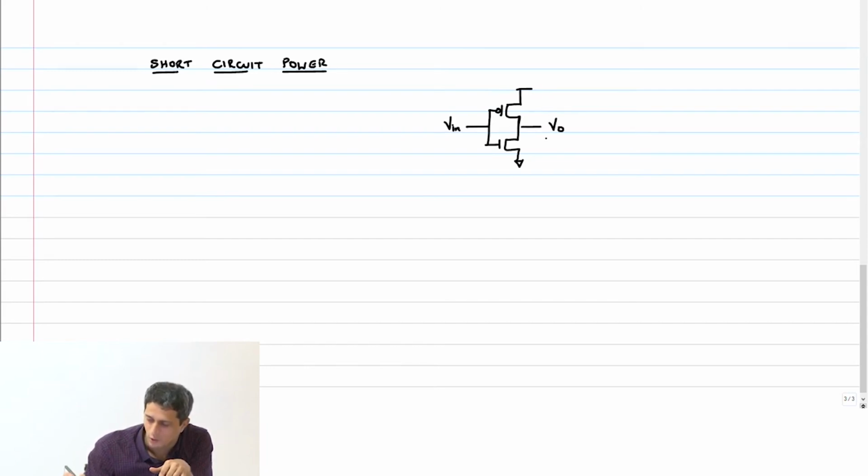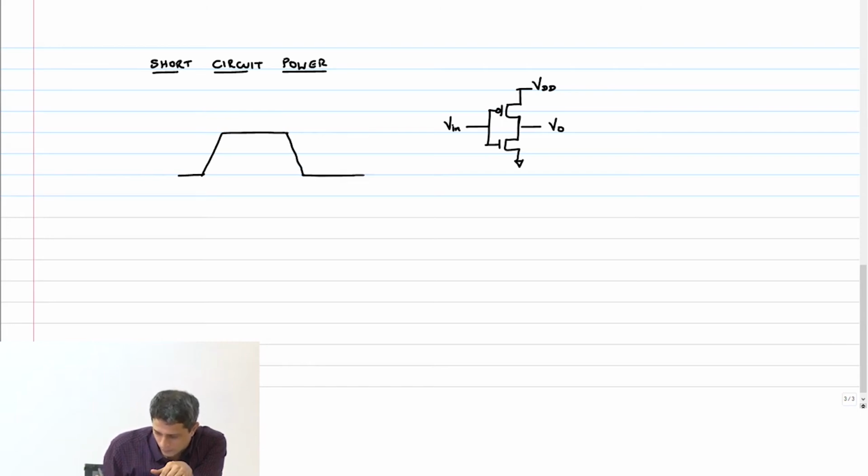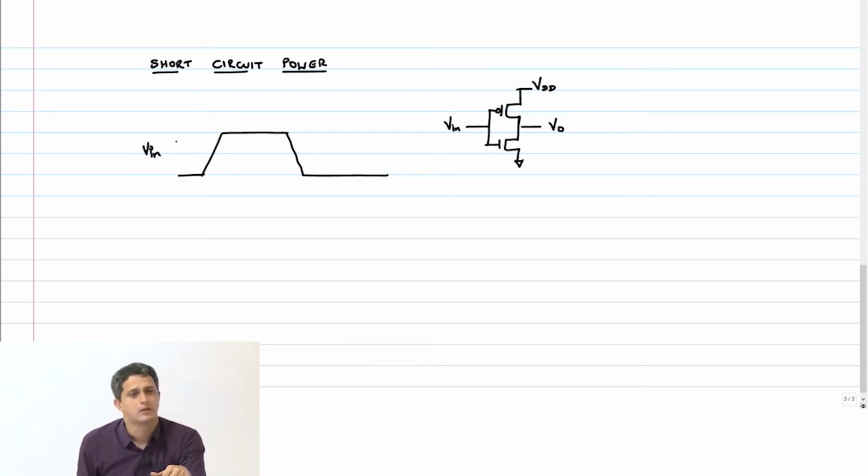V in, V out. So my input, as I told you, is going to go like this. V in. Let's now plot the current IVDD. There's going to be a current that flows from VDD to ground like this.